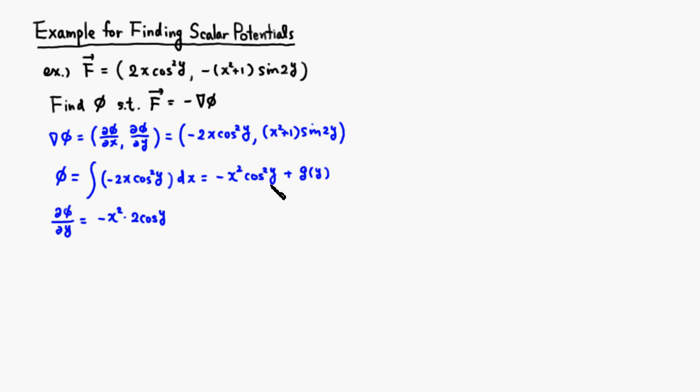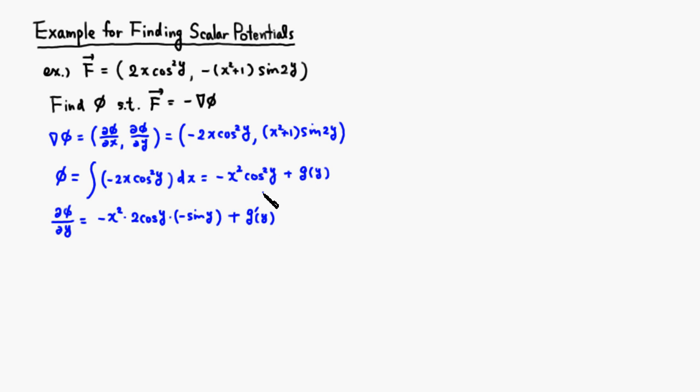Then you would have to multiply by the derivative of cosine, which would be negative sine of y. Then we have the derivative of g, so I'll just write g prime of y.